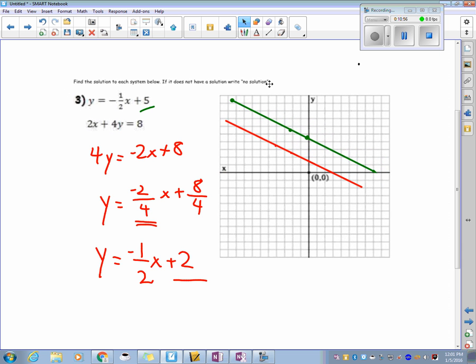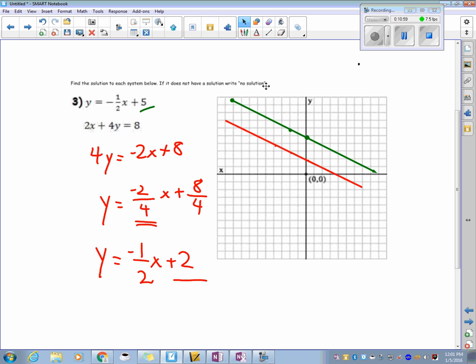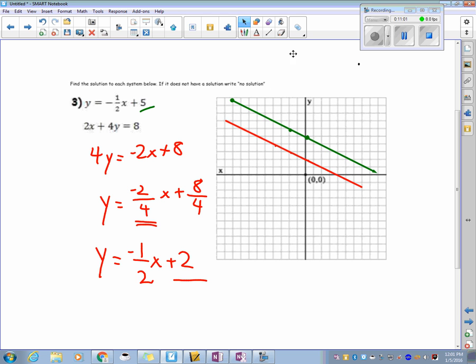If you see that there is no solution, it's on the paper in front of you.